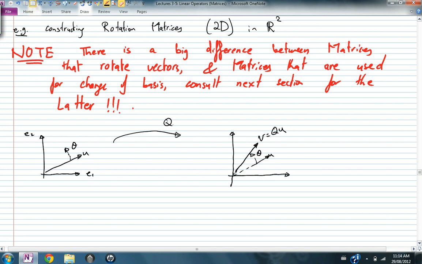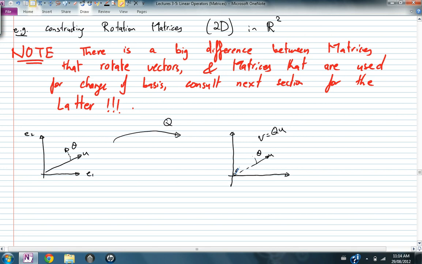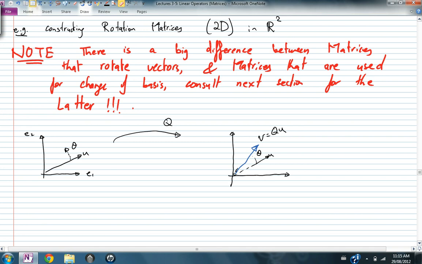Maybe you should use different colors for different vectors. This is vector V after rotation theta.